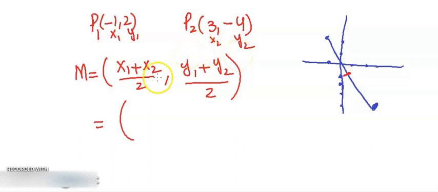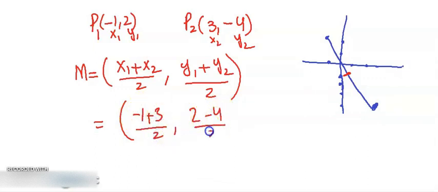It really doesn't matter. So -1 plus 3 divided by 2, and then 2 minus 4 divided by 2. So what we get is 1 comma -1, somewhere here in the fourth quadrant. So this was about how to find the midpoint if 2 points are given.